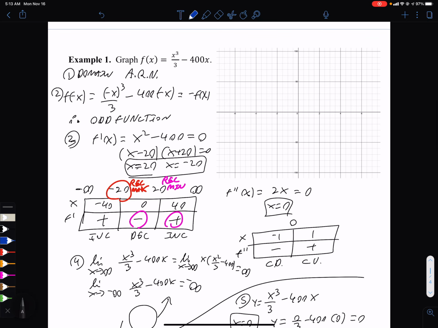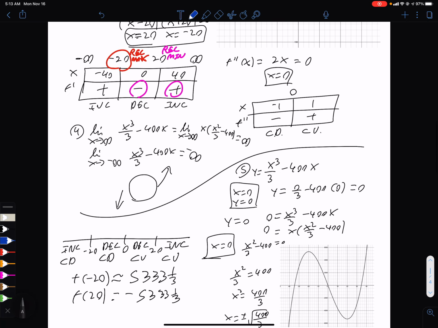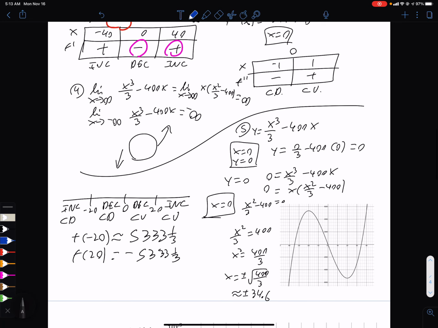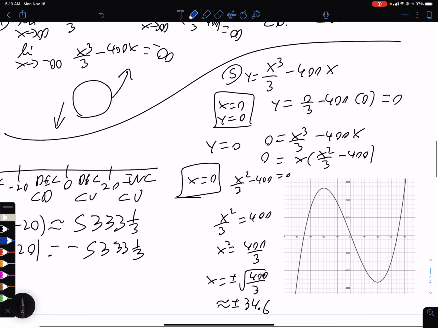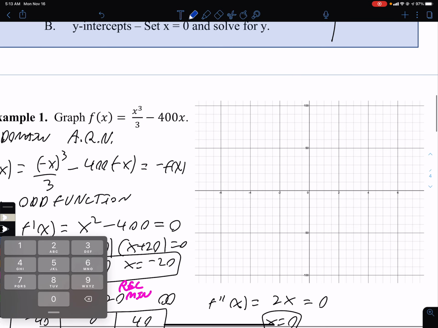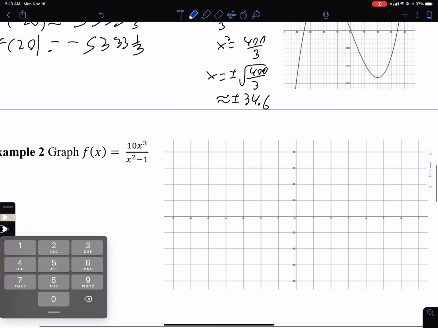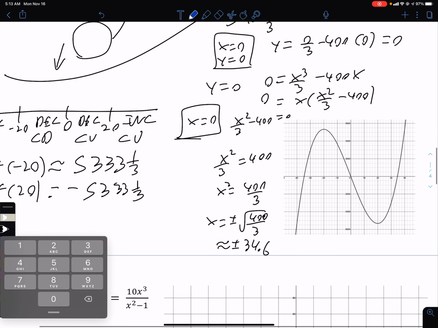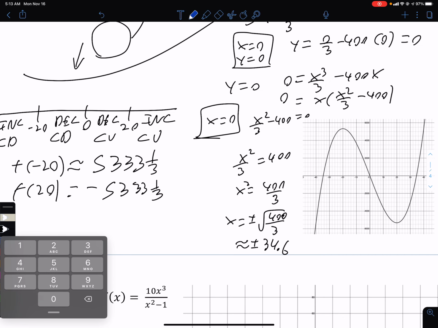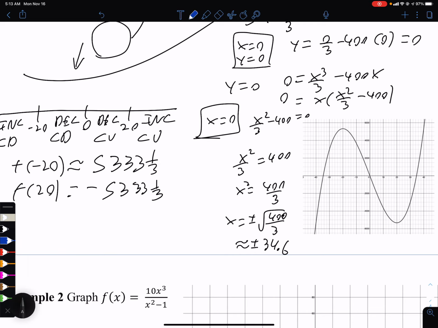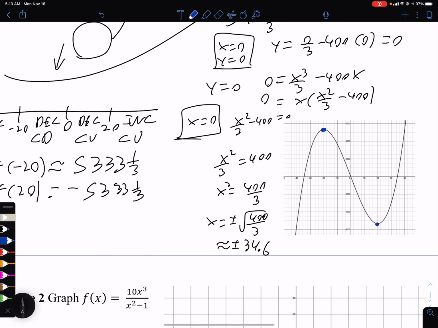Oh my, I got the wrong graph here. Okay, I'm going to have to cheat. I'm going to show you on the final graph because I put the wrong graph there. So that's no bueno. I hope I didn't mess up on more than one graph. Okay, so negative 20, 5,330 something, and positive 20, negative 5,333 and 1/3. So we get those 2 points.